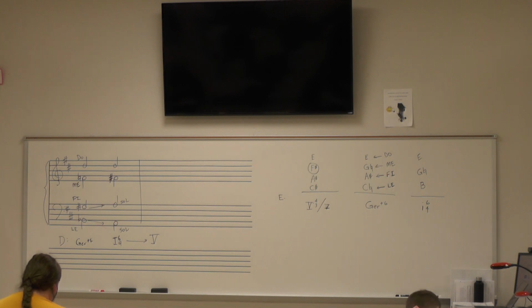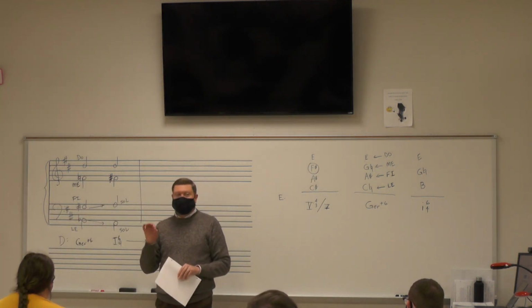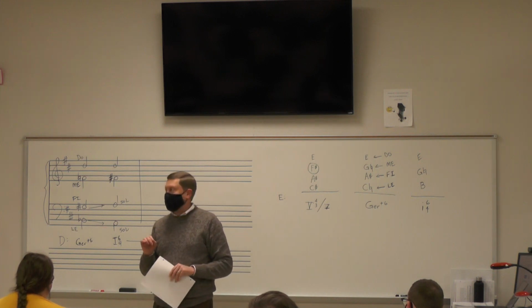So there's a lot of chords to choose from. I don't want you to get too confused by all the choices. This is what I'd like you to do and what I tell my classes every year. When you need to write a progression, let's say on the test, that includes an augmented six chord, and you need to know what chord to put right before the augmented six, I always want you to remember to use 4/6.